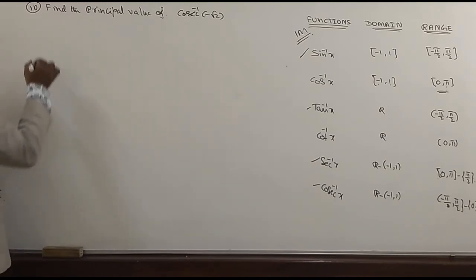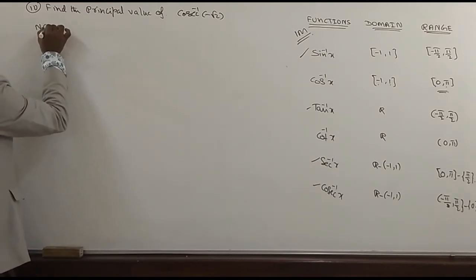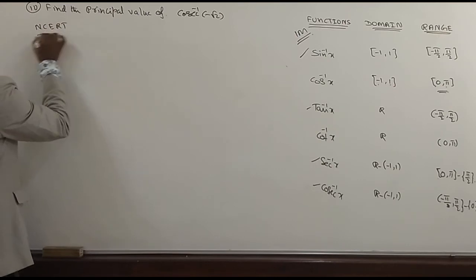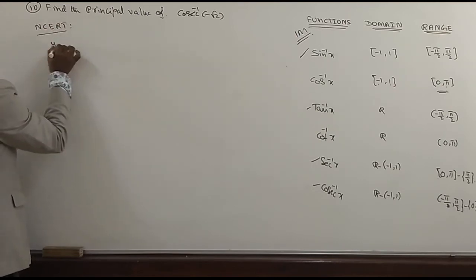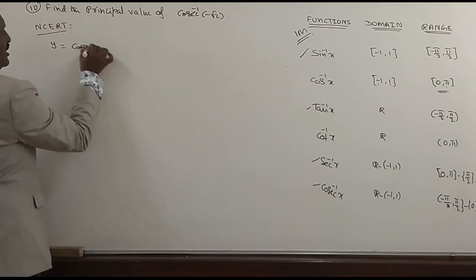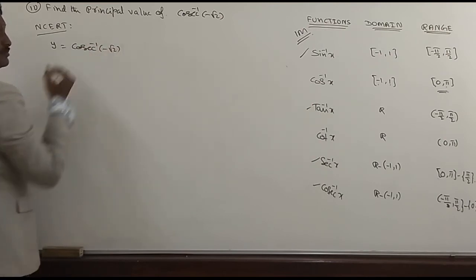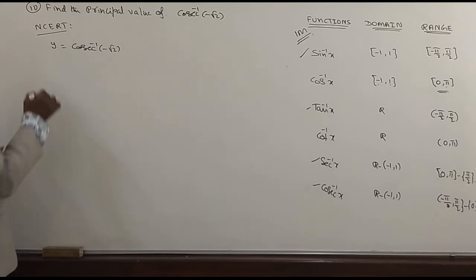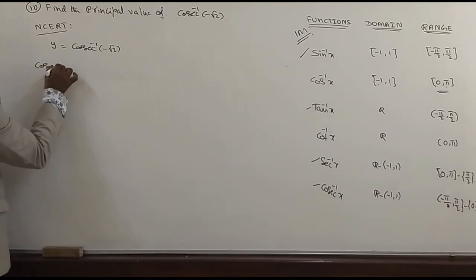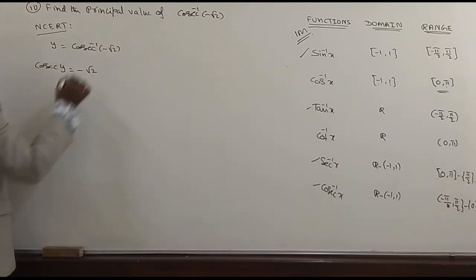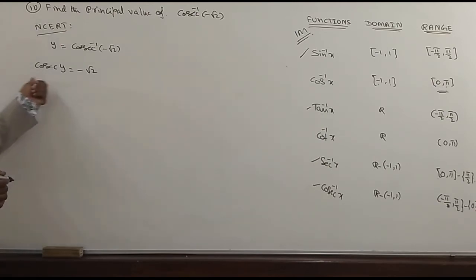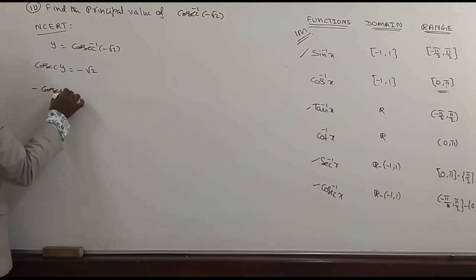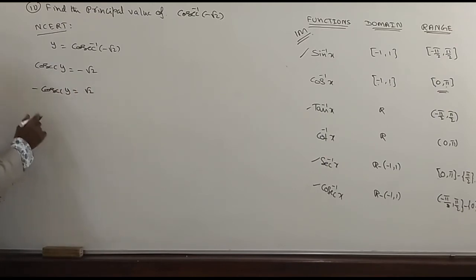How to solve? Now, NCERT method. Textbook method. y is equal to, we should take cosecant inverse of minus root 2. Cosecant inverse, you have to take down the left hand side. We can write it as cosecant y. Cosecant y is equal to minus root 2. Now multiply by minus sign on both the sides, minus cosecant y is equal to, we can write it as root 2.